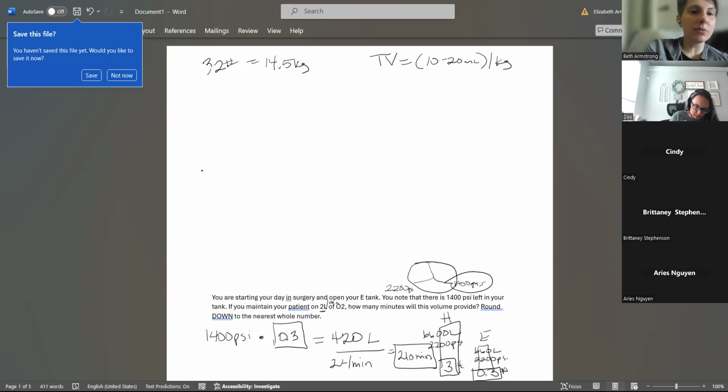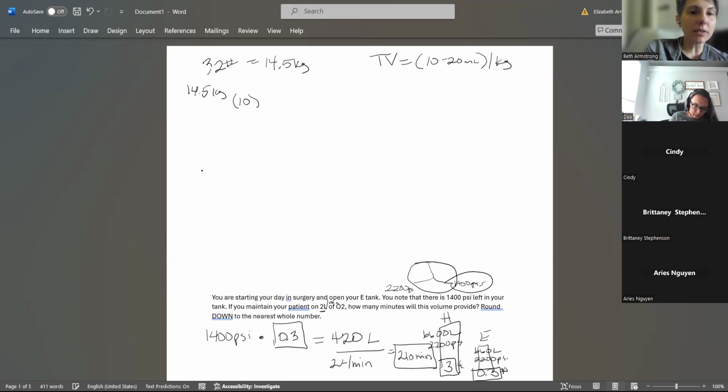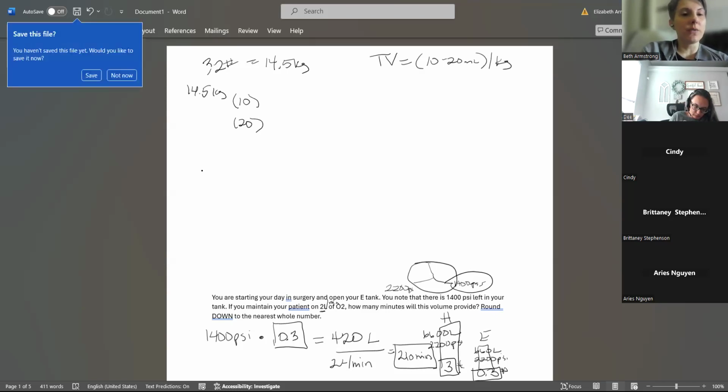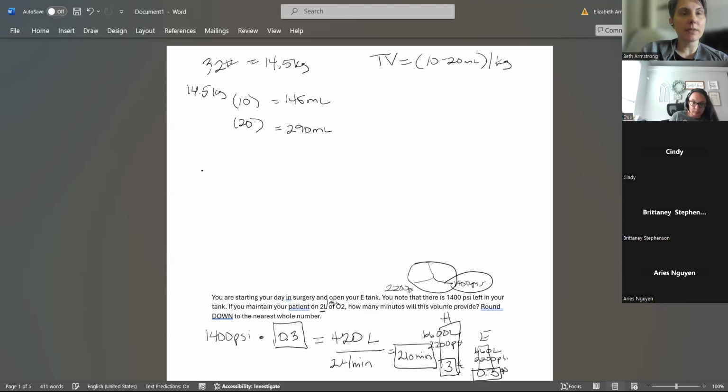So we're going to take that 14.5 kilograms, and we are going to multiply it by 10 mils and 20 mils. So 14.5 times 10 is 145 mLs, right? And then 20 is 290 mLs, right?